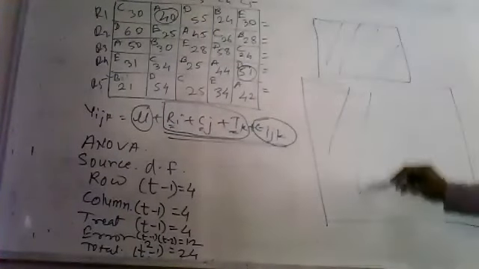Suppose this is one experimental area and this is another experimental area. As compared to this experimental area, it is very difficult to maintain homogeneity in this experimental area because it is the large area.